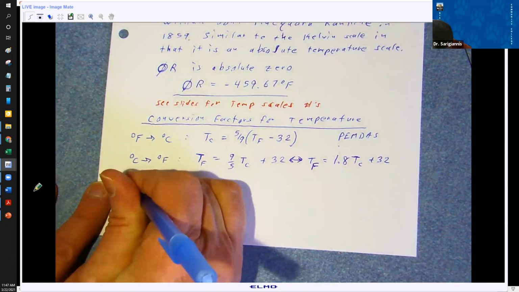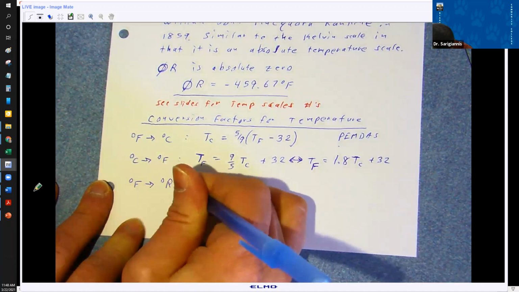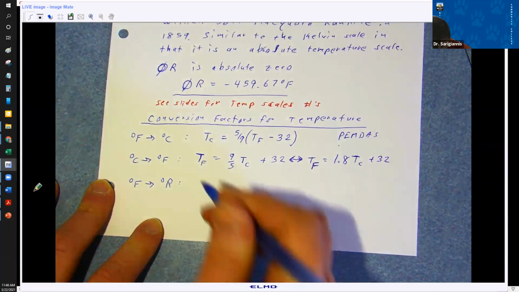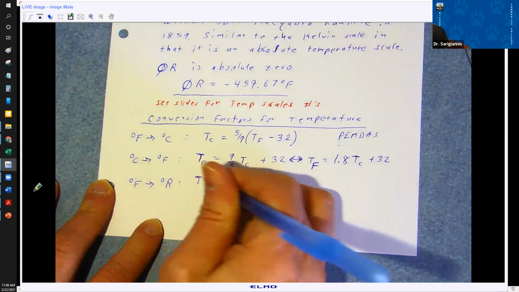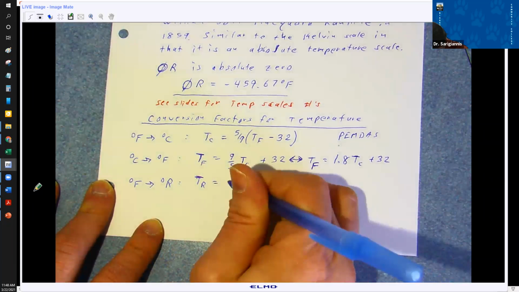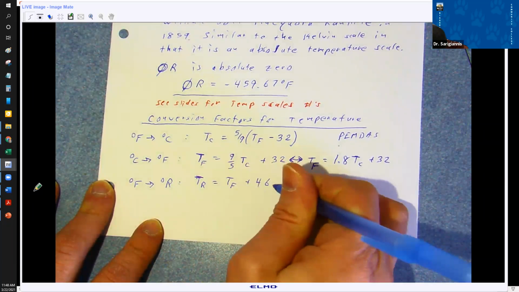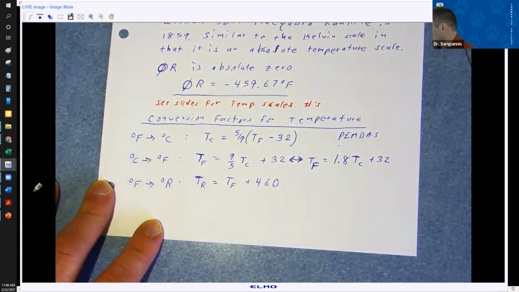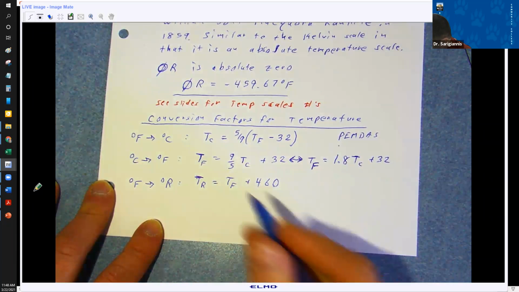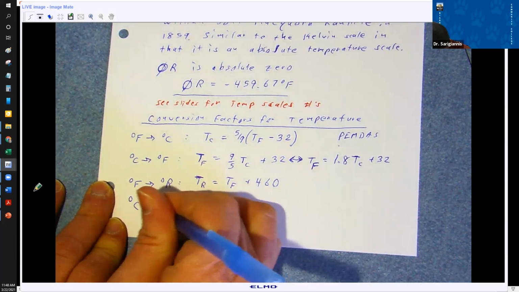If you want to go from Fahrenheit to Rankine, we've got the temperature in Rankine, just temperature in Fahrenheit plus, in this class, we're just going to use 460. And then the same thing for Celsius and Kelvin.